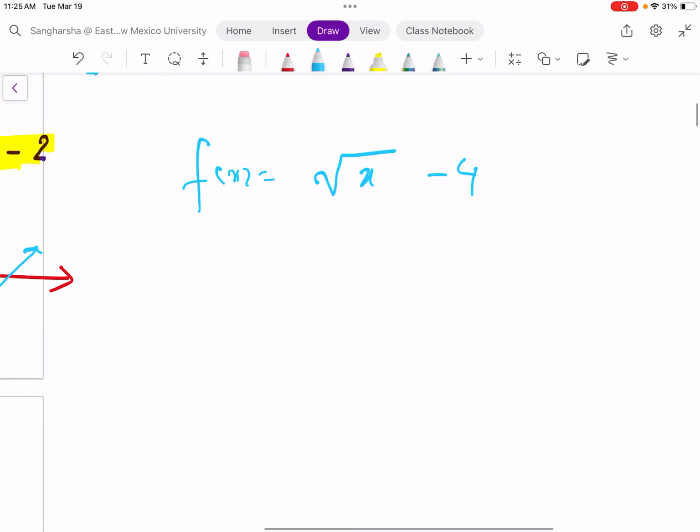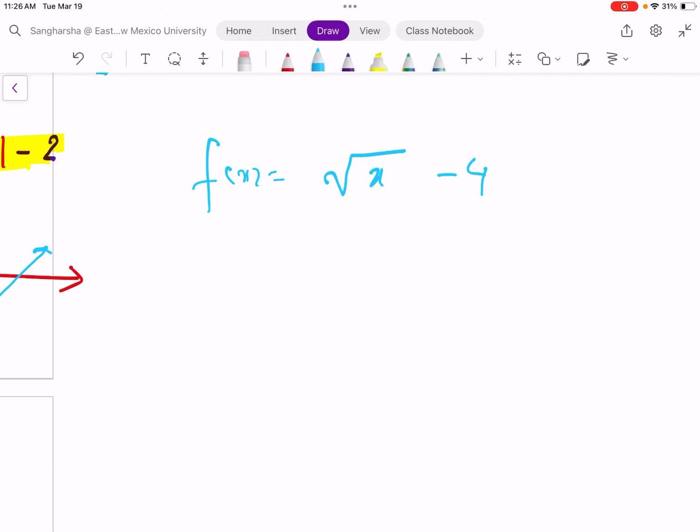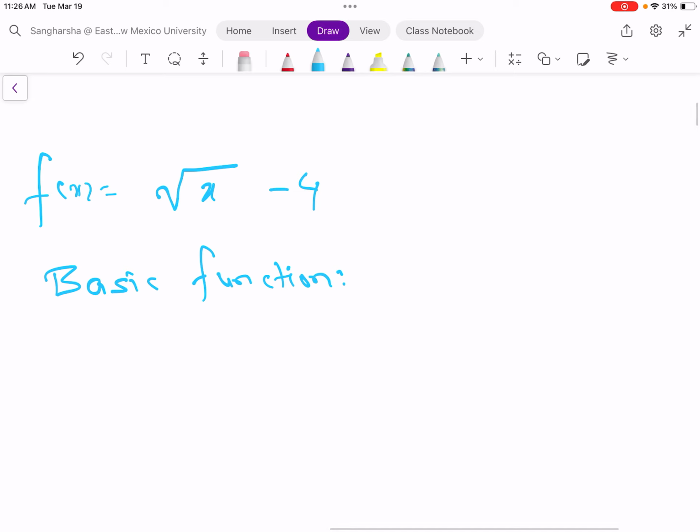Now, for this function, what kind of function is this? A square root function. We have to know the graph of a basic square root function. So the basic square root function, that's what we had earlier, is f of x equals square root of x.